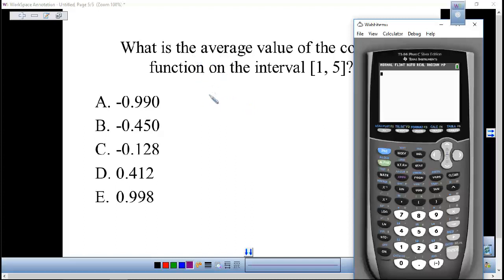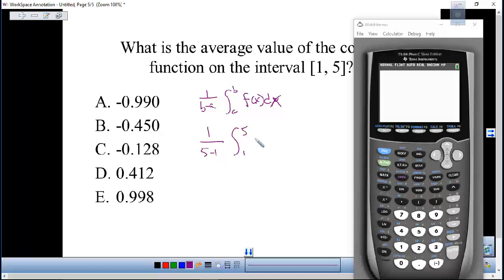Remember that the average value is 1 over b minus a times the integral from a to b of f of x dx. So when we plug everything in, we're going to do 1 over 5 minus 1 times the integral from 1 to 5 of cosine x dx. That's what we want to put in our calculator. I'll do the 1 over the subtraction there, even as a decimal, 0.25 times. Now I'll show you how to do the integral on the 84.